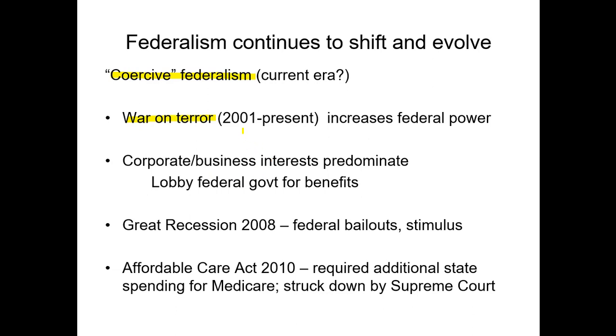We got into two wars, neither of which, well, again, you could say they had mixed results, but obviously it increased federal power to get us involved in these wars in order to fight terrorism in Afghanistan, in Iraq. In Iraq it was shifting a little bit from terrorism in order to get rid of Saddam Hussein. So the agenda actually got shifted a little bit, which also created some pushback there.